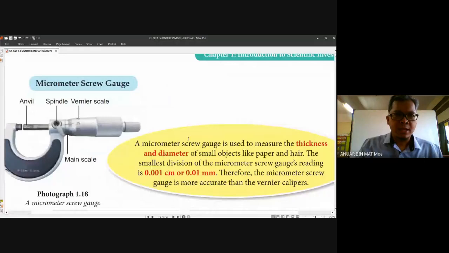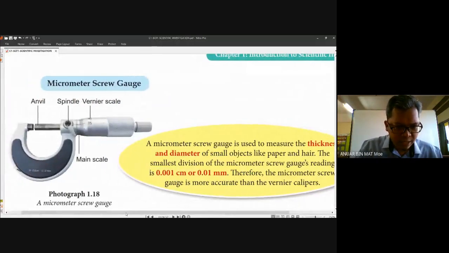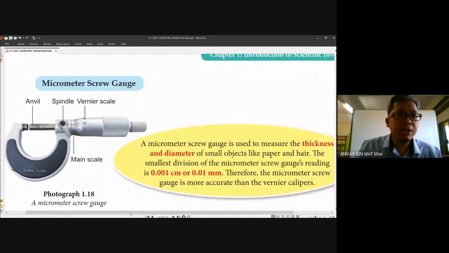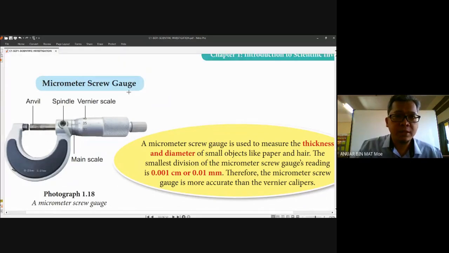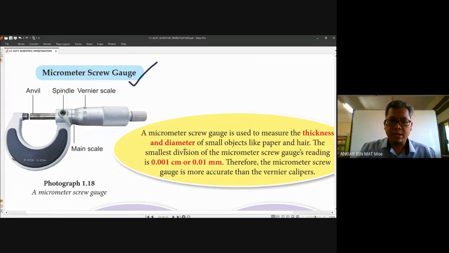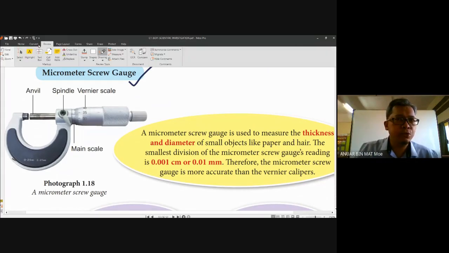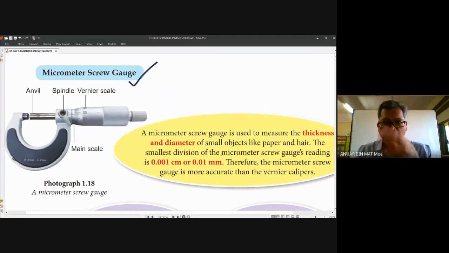So then the second measuring instrument is what we call a micrometer screw gauge. Also, it can be used to measure the length of an object more accurately, up to 0.01 millimeter. This one is more accurate, or 0.001 centimeter.